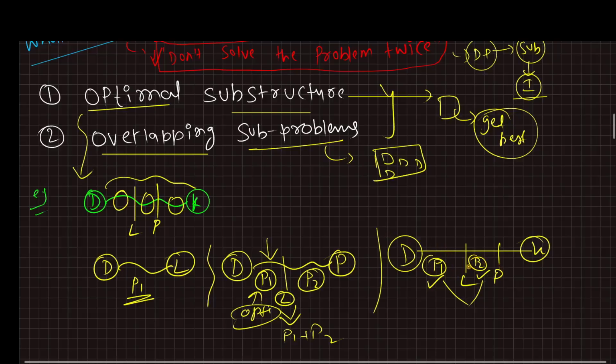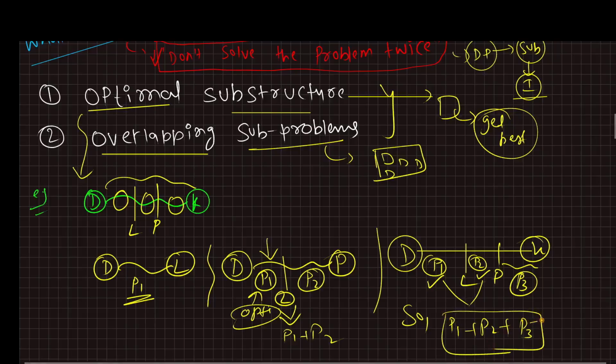So we have the optimal till P. Just we need P to K. Suppose we have P3, the shortest one between P and K. So we got P1 from D to L, P2 from L to P, and P3 from P to K. And this is the shortest path for the entire path from D to K.